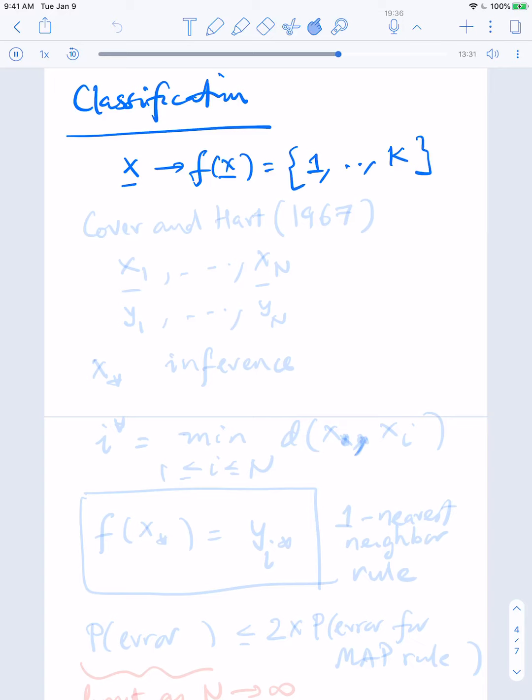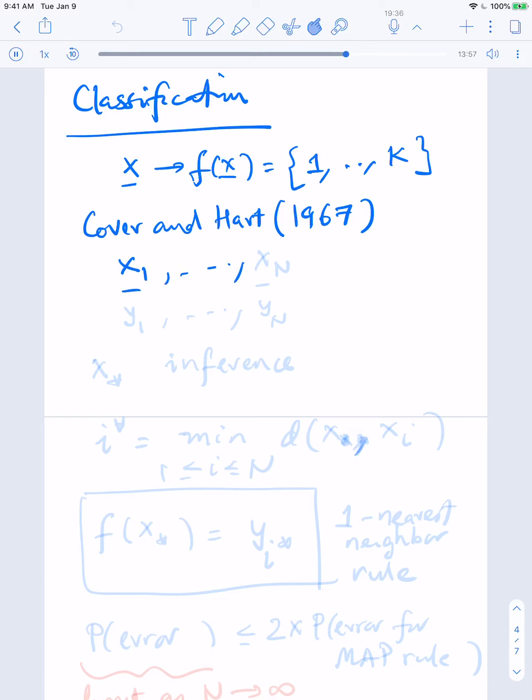In this context, I should mention that there's a very interesting result many years ago, Cover and Hart, 1967. They showed that the nearest neighbor rule, let me phrase it in the context of our notation.